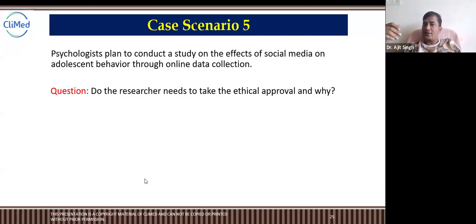And second, it is just the effect of social media. Vaishnavi is telling no ethics involved. I mean, ethics approval is needed. Only informed consent is required.